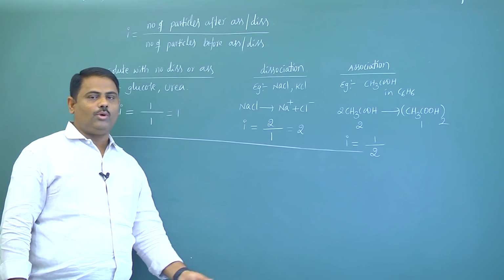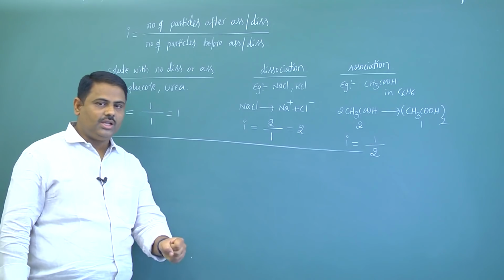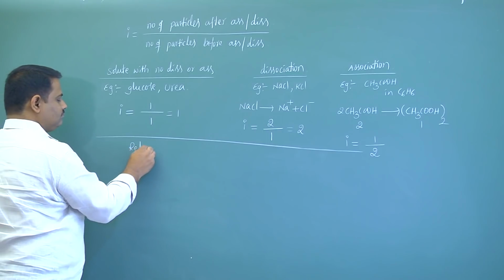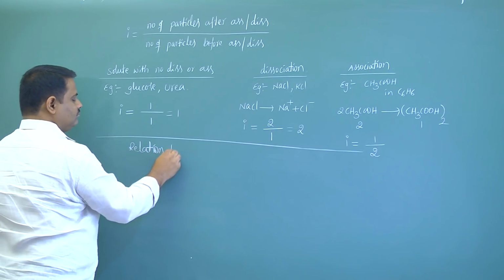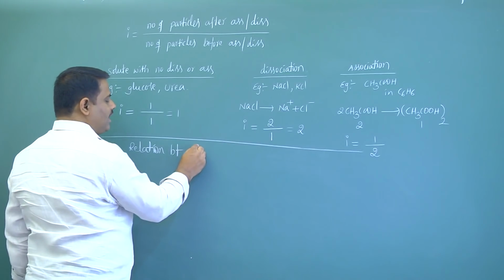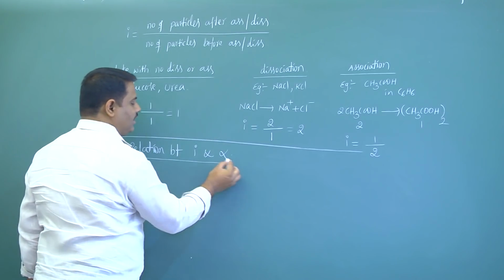but there is a special point for weak electrolytes. That's why I am taking our next point as the relation between the Van't Hoff factor i and the degree of dissociation alpha.